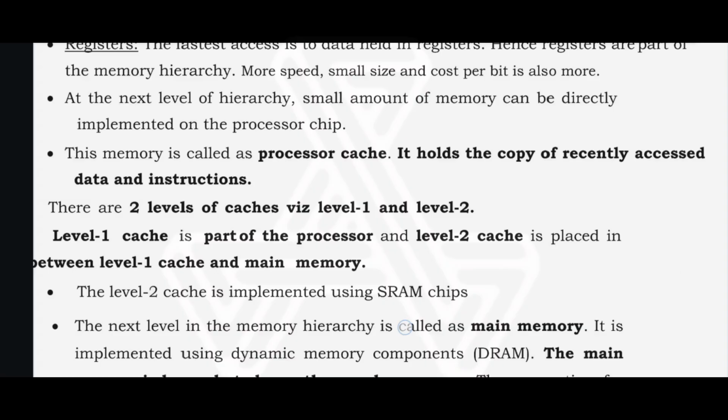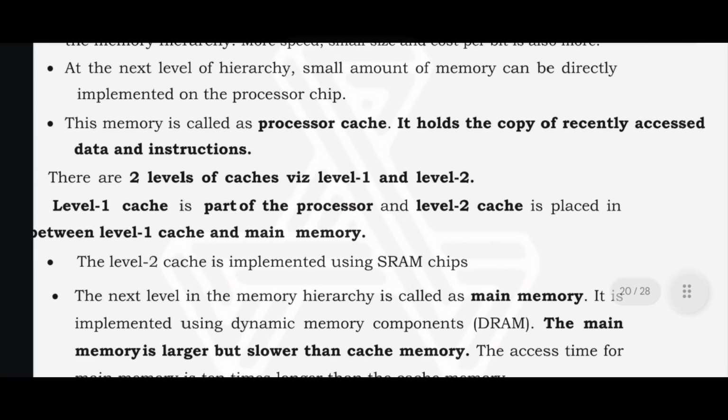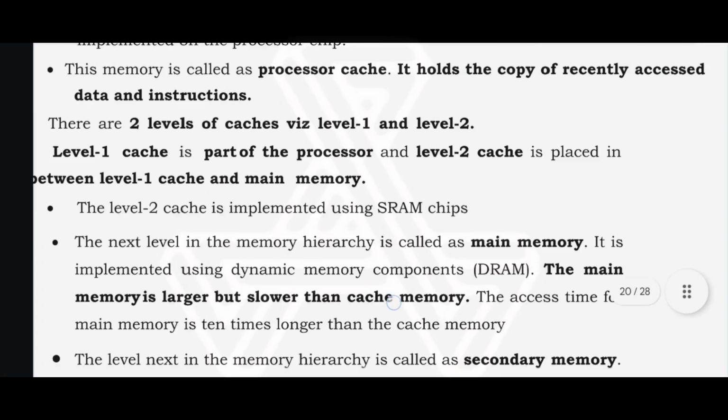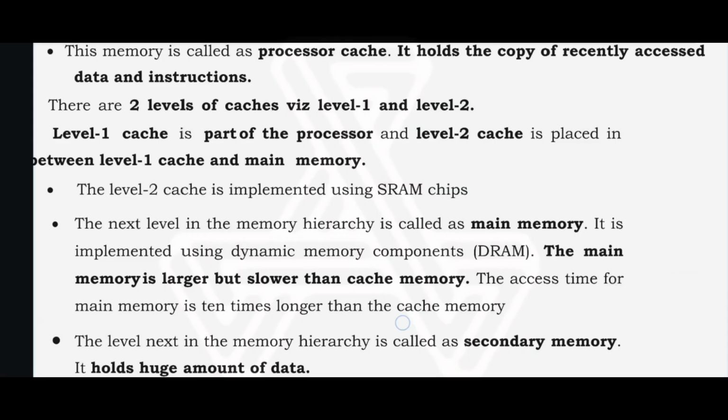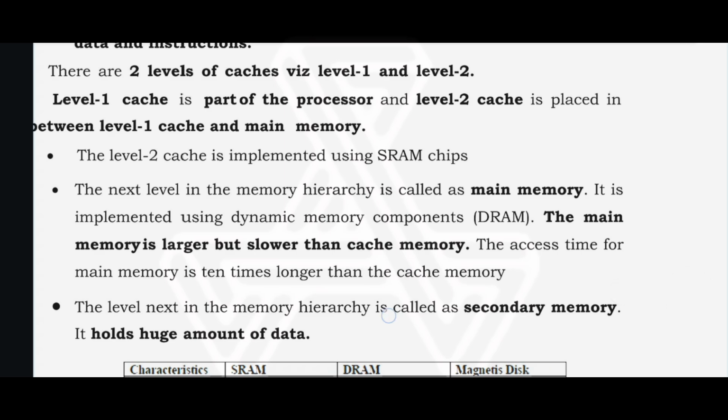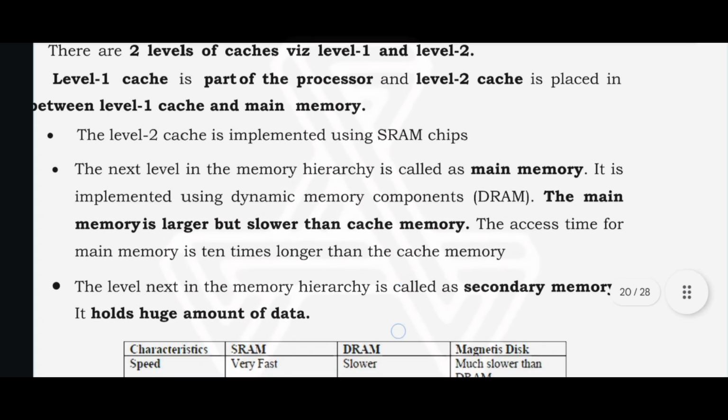It holds a copy of recently accessed data and instructions. There are two levels of caches, level 1 and level 2. The level 1 cache is part of the processor. The level 2 cache is placed between the level 1 cache and main memory. The level 2 cache is implemented using SRAM chips.